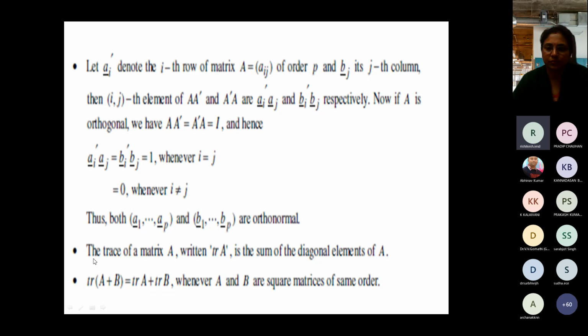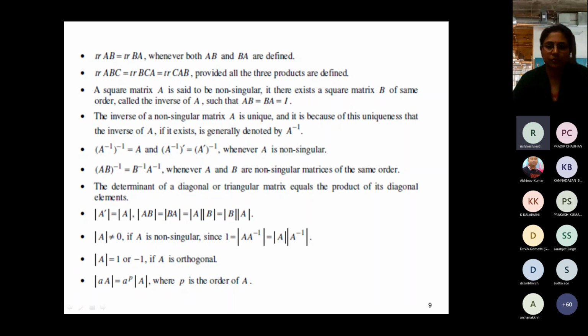Now the next definition is the trace of a matrix A. The trace of matrix A, denoted by tr(A), is the sum of the diagonal elements of A. Trace of A plus B will be equal to trace of A plus trace of B whenever A and B are square matrices of the same order.